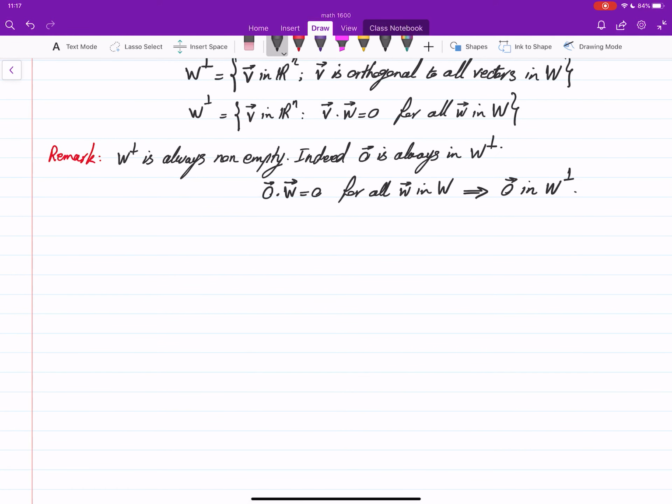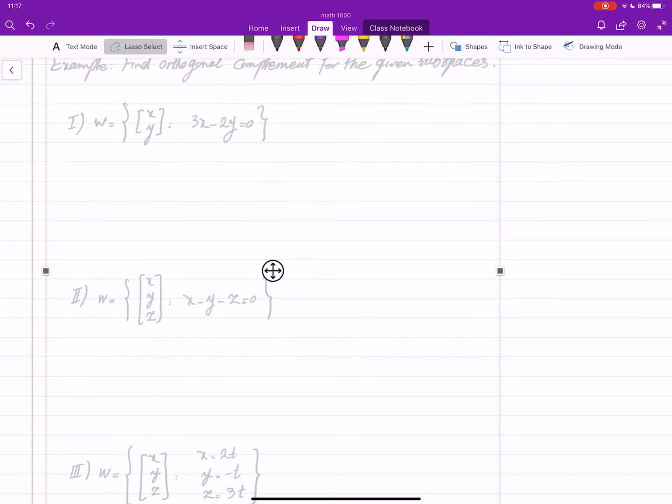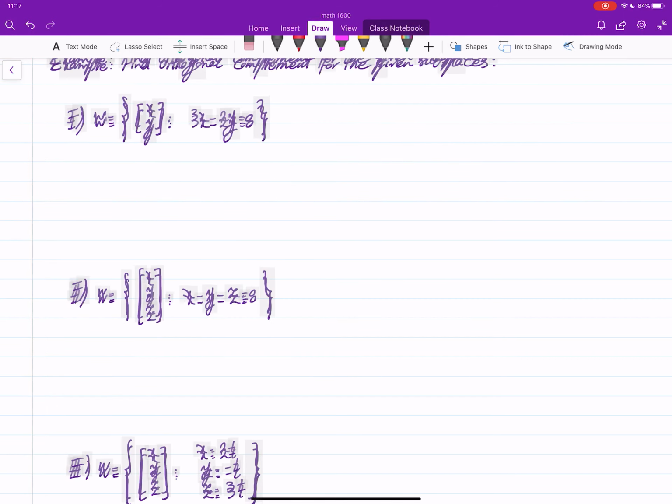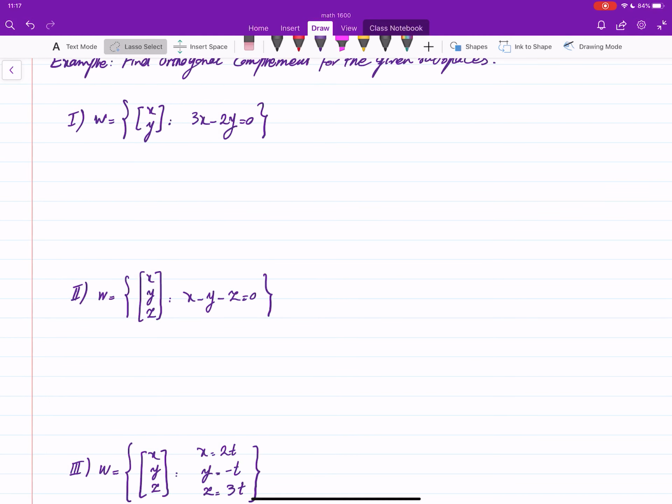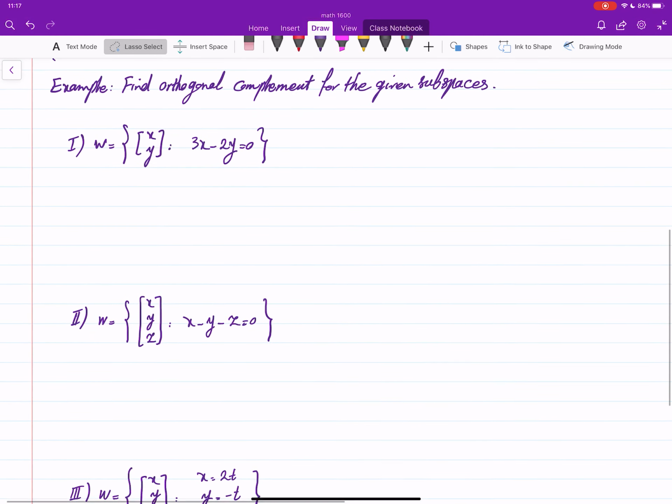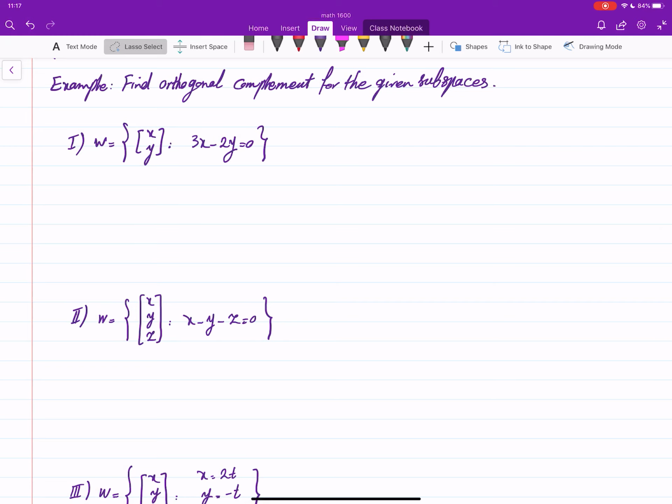Well, in R2, R3, we can actually see geometrically what is happening for the perp. Okay, let's do some examples. For example, look at this one. The W here is all (x, y) such that 3x minus 2y is equal to 0.